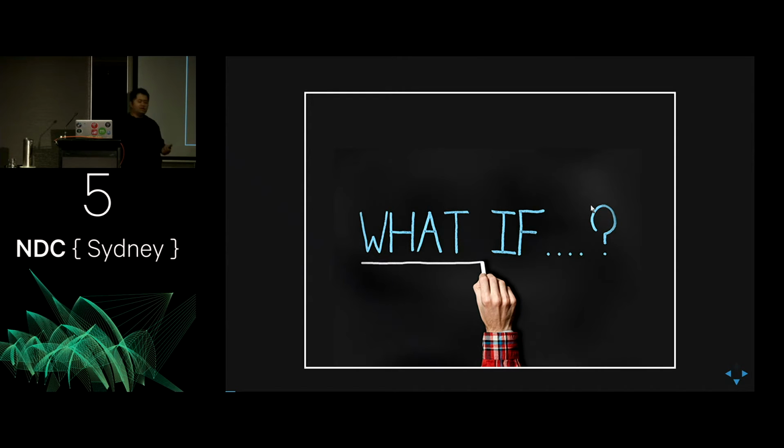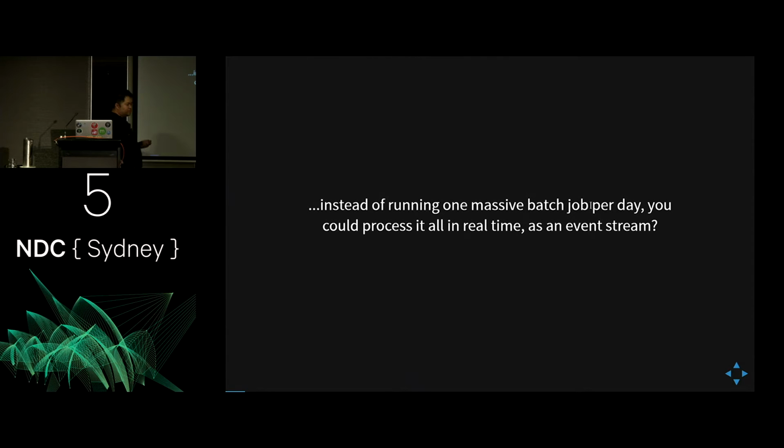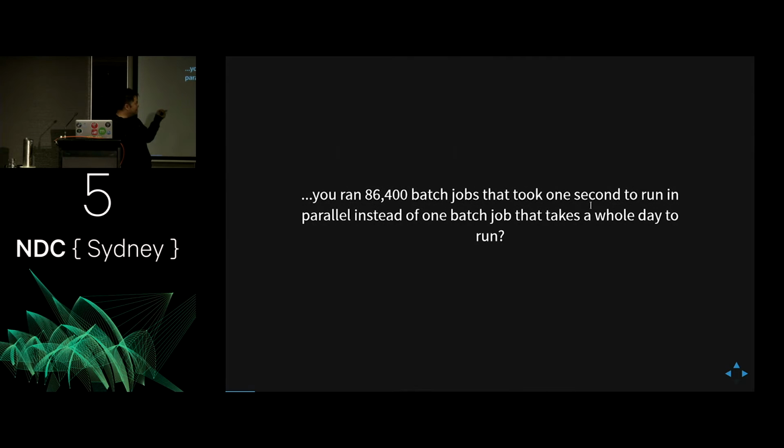What was a better way to do this? Is it better to do one long batch process that would take 6 hours or an entire day? Or could we somehow split it into, say, 86,400 batch jobs in one day that take 1 second each?